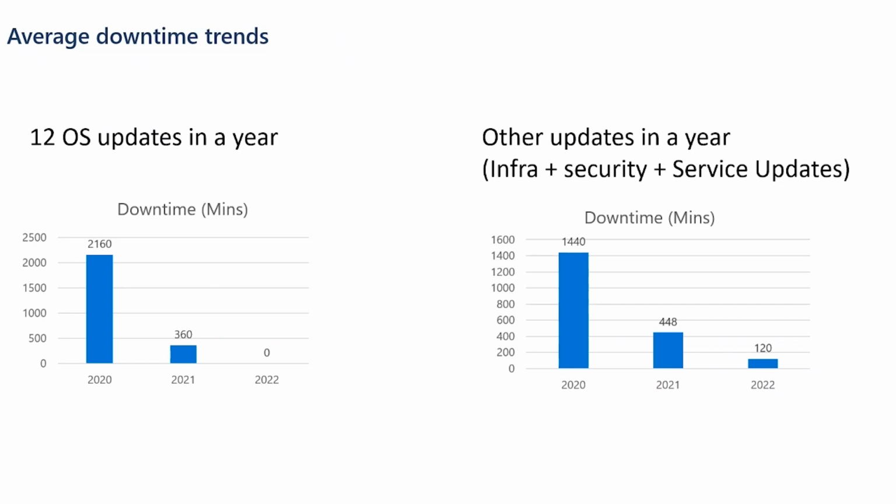Each update took around 180 minutes, and the rest would be an average of 8 updates through the year, which were also 180 minutes. So that will give us the total of 3,600 minutes per year.